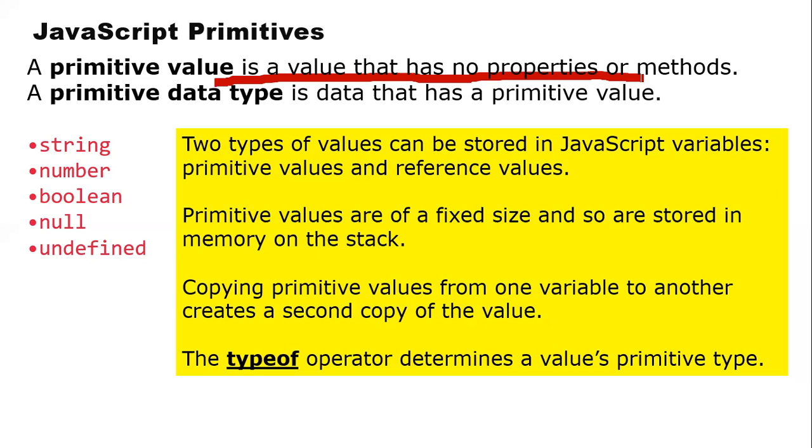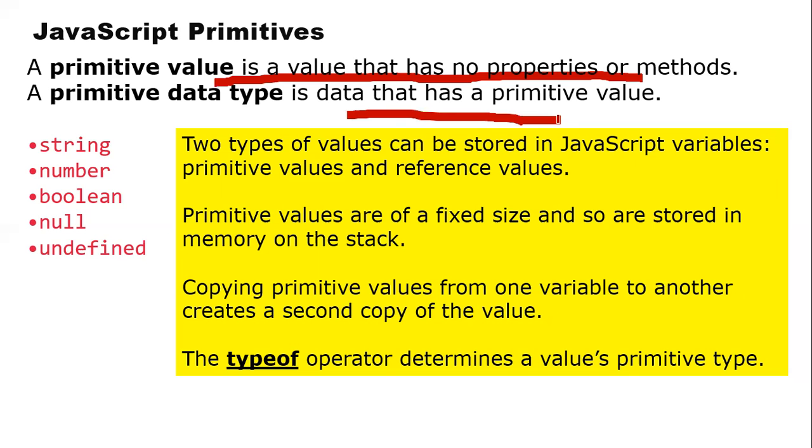Now, the primitive data types, or whatever data type you have, are defined based upon the value present in your variable. Based on that value, the data type is automatically defined in JavaScript.